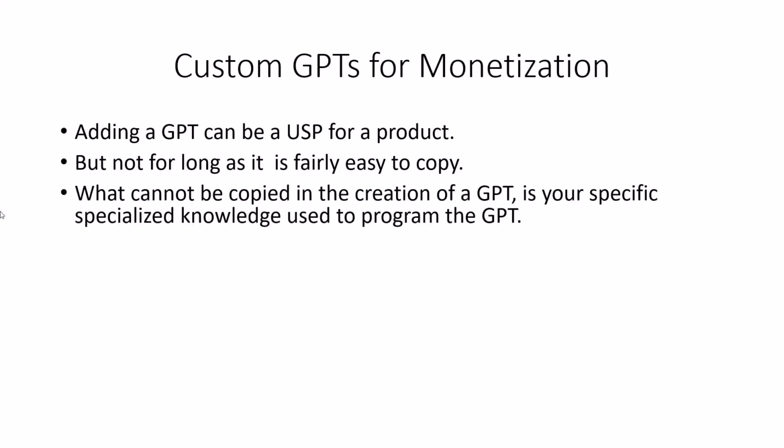You've got to be thinking along these lines: what can somebody who's coming behind me not copy? Well, they can't copy any specialized knowledge I have. So when I program a GPT, I'm going to be creating something that depends on something I know, something I've learned that other people may not have learned. If you're using common knowledge and common ways of approaching things, anybody can do that.